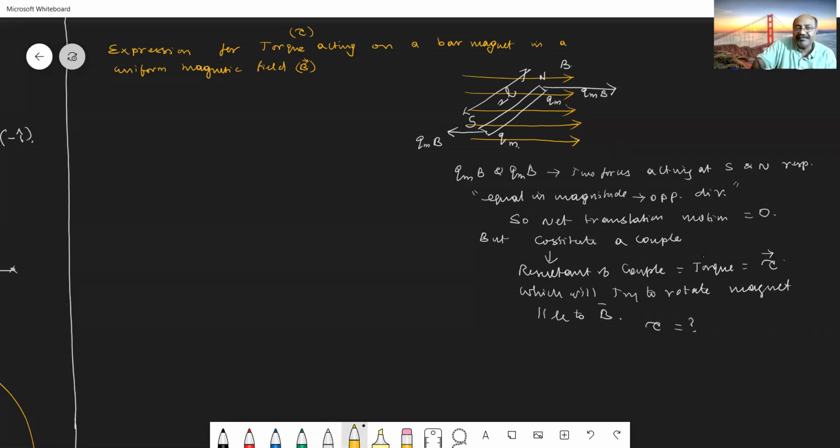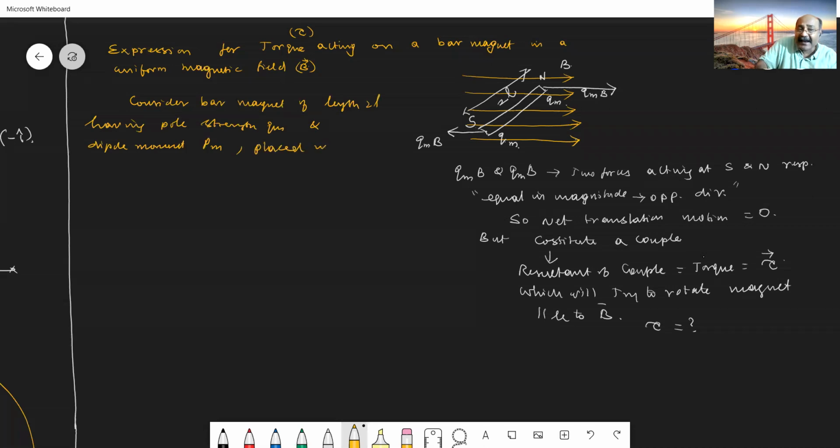First of all, consider a bar magnet of length 2L having pole strength Qm and dipole moment PM, placed in a uniform magnetic field, making an angle theta with the magnetic lines of force.